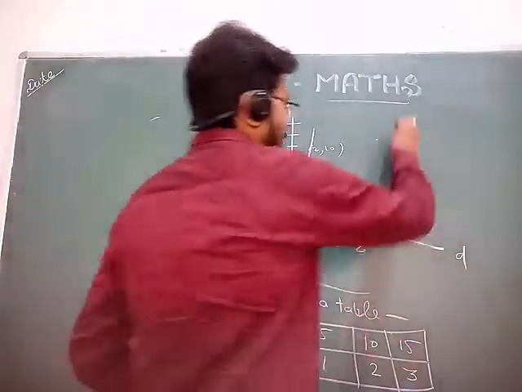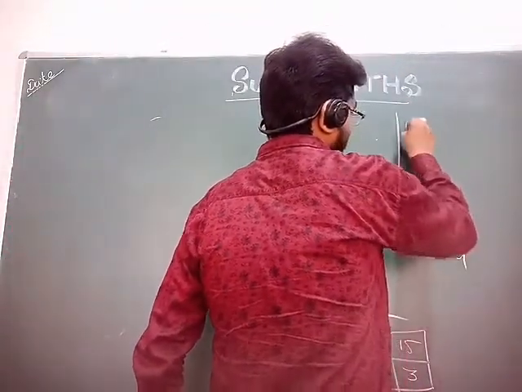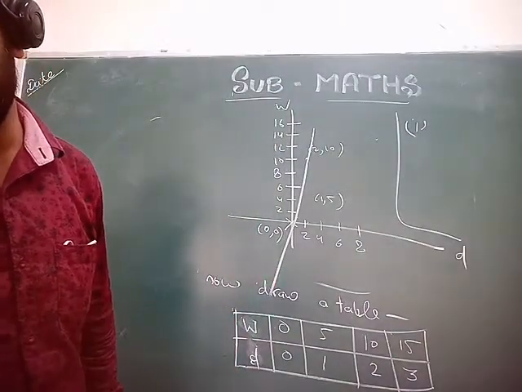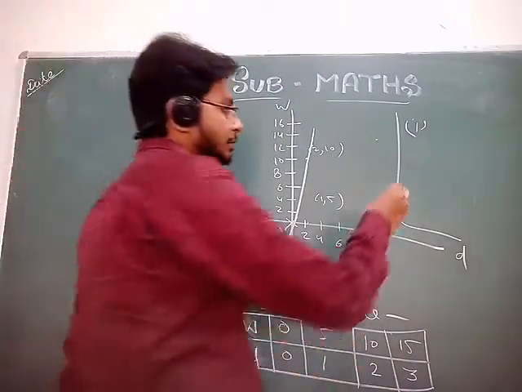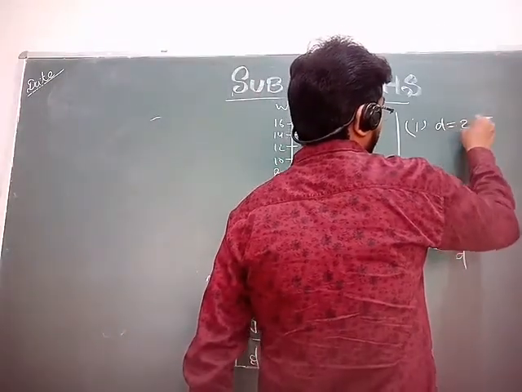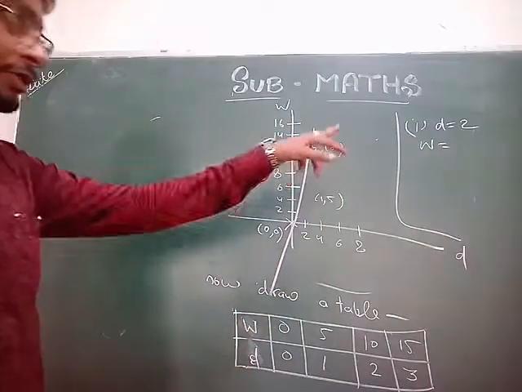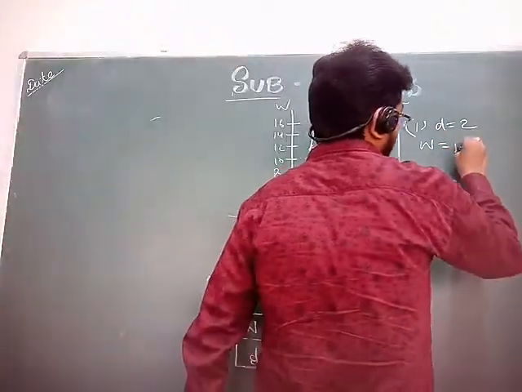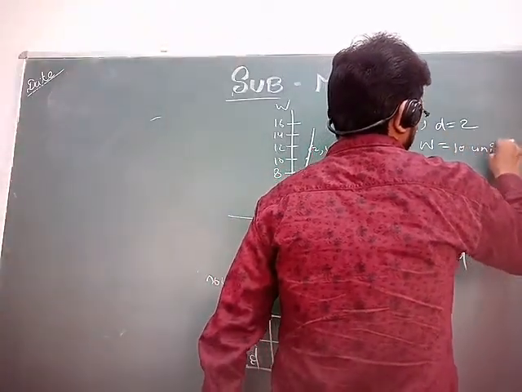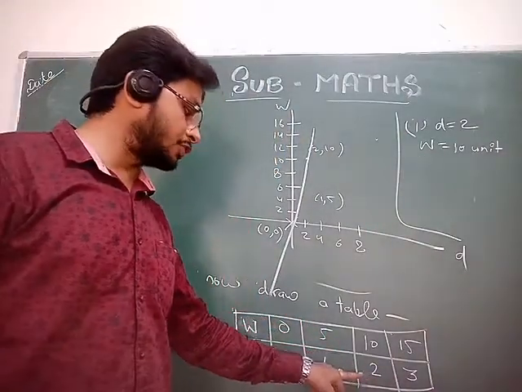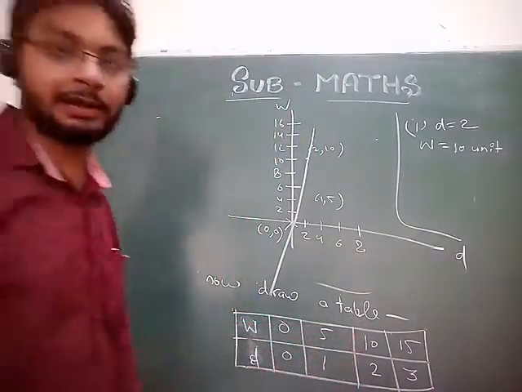In this question, there are 2 parts. First part is, if the distance traveled by the body is 2 units, that is if D is equal to 2, what will you get? You will get W is equal to 5 times 2, which is 10. And you can see by the table when D is 2, you get W is equal to 10.